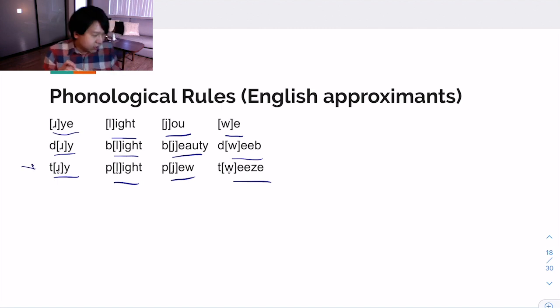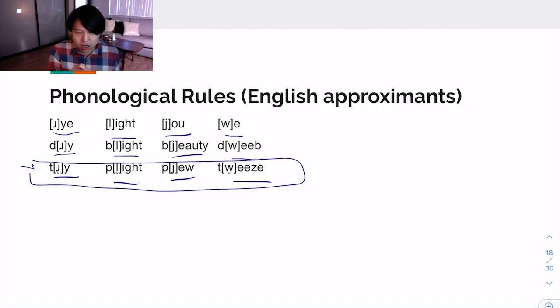When you pronounce the third column of this data, try, plight, pew, tweeze, these r, l, y, and w sounds, English approximants, are voiceless, because if you touch your neck and feel the vibration of your throat, try. The vibration only exists in the i part. Try. When you pronounce r or l in plight, there's no vibration. Plight. You can feel that the vibration only exists in the vowel.